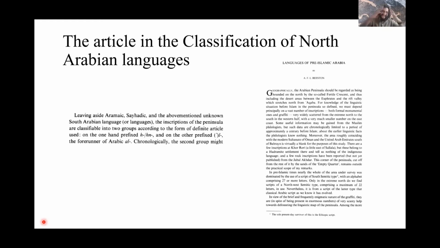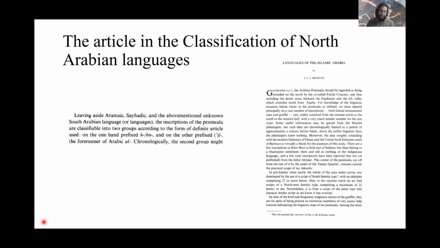And this neat dichotomy between Arabic as we know it and North Arabian having these "han" articles is created. And it's this logic that, if you look at traditional books on the history of Arabic, you'll find statements like "there are only 3 or 5 pre-Islamic Arabic inscriptions." It's this methodology that's informing that kind of judgment.